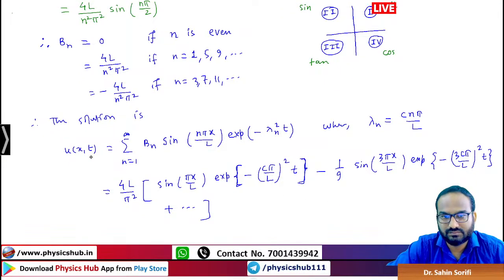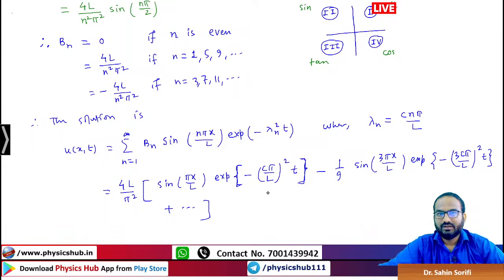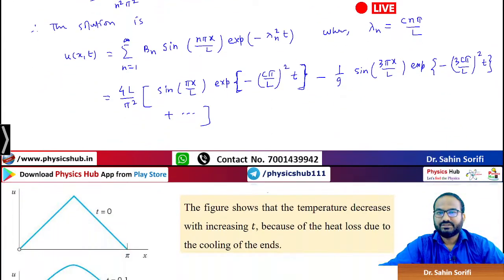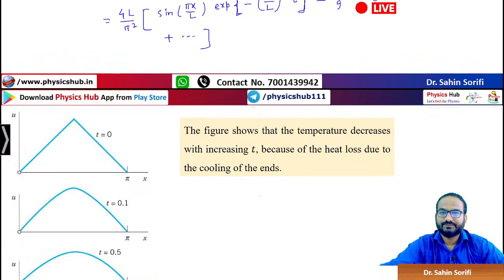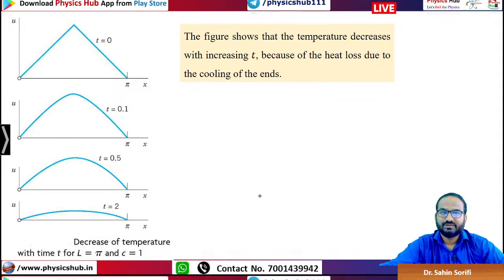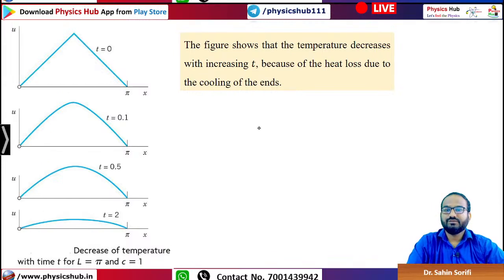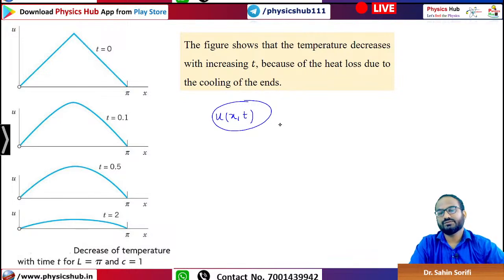So we are putting the values of n and we are getting the solution, and there is a curve to denote this. You see the figure shows that temperature decreases with increasing t because of the heat loss due to the cooling ends. So u is a function of x and t. At any particular time it shows the temperature variation.